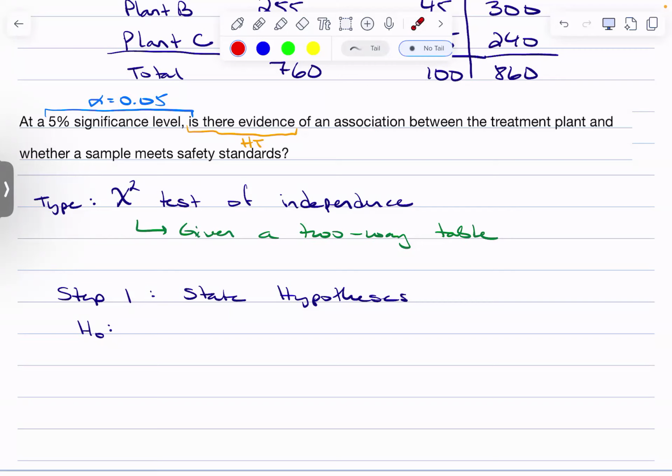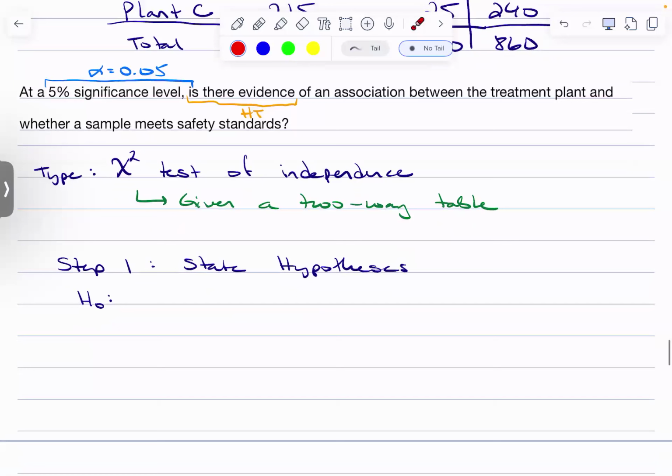Or if you want to say the plant and whether it meets or fails the safety standards are independent. Two ways that you could phrase it. But let's do it by rephrasing the question. There is no association, which means that they are independent, right?